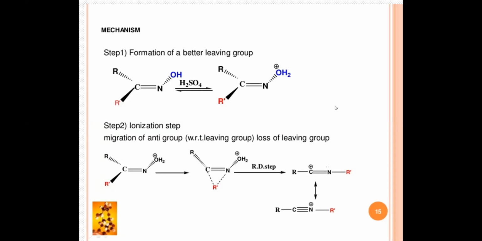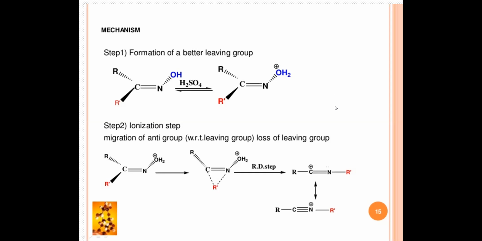Next step is ionization and migration of the group anti to your leaving group, that is the OH, the water which is left. So there is always an ionization, and along with this there is a migration of a group which is anti to your leaving group. So what is the leaving group in this? Water is the leaving group.